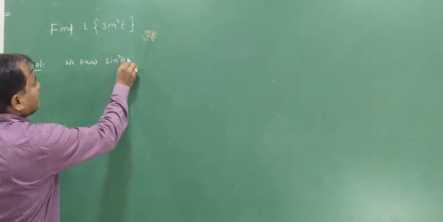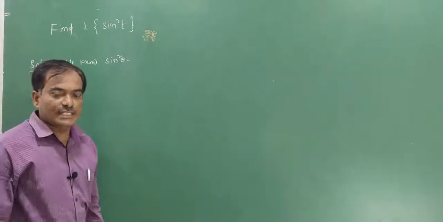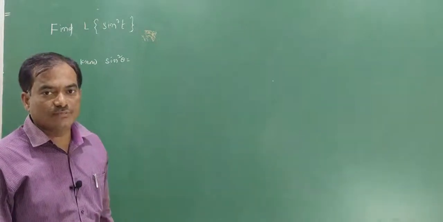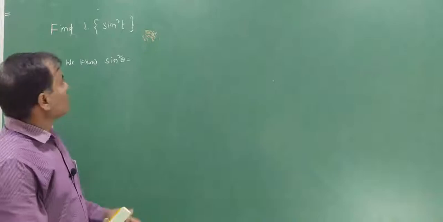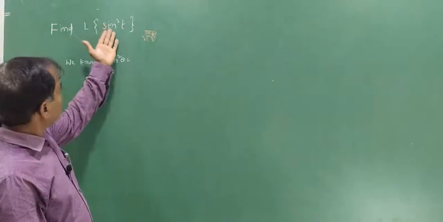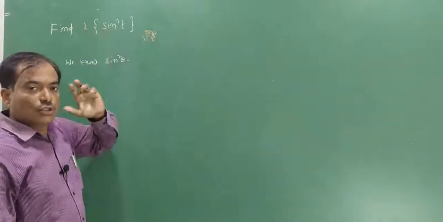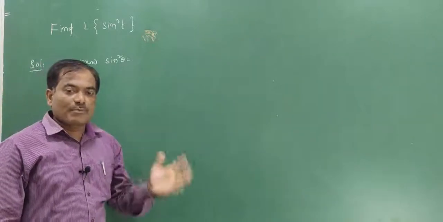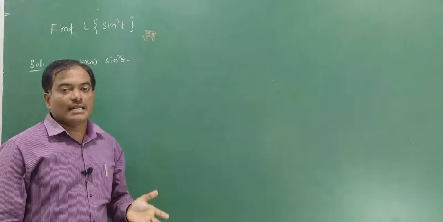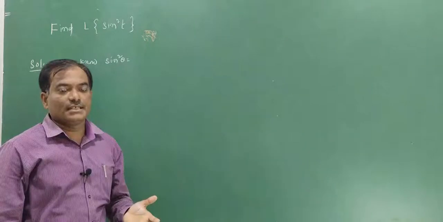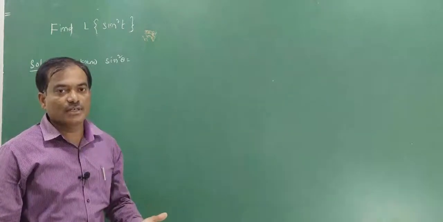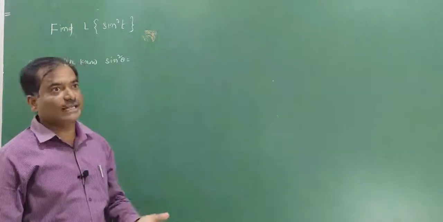Sine square theta can be expressed in terms of cos. Why? Because there is no direct formula for these kinds of functions. There is a formula for the Laplace transform of sine at and the Laplace transform of cos at, but there is no direct formula for the Laplace transform of sine square t.